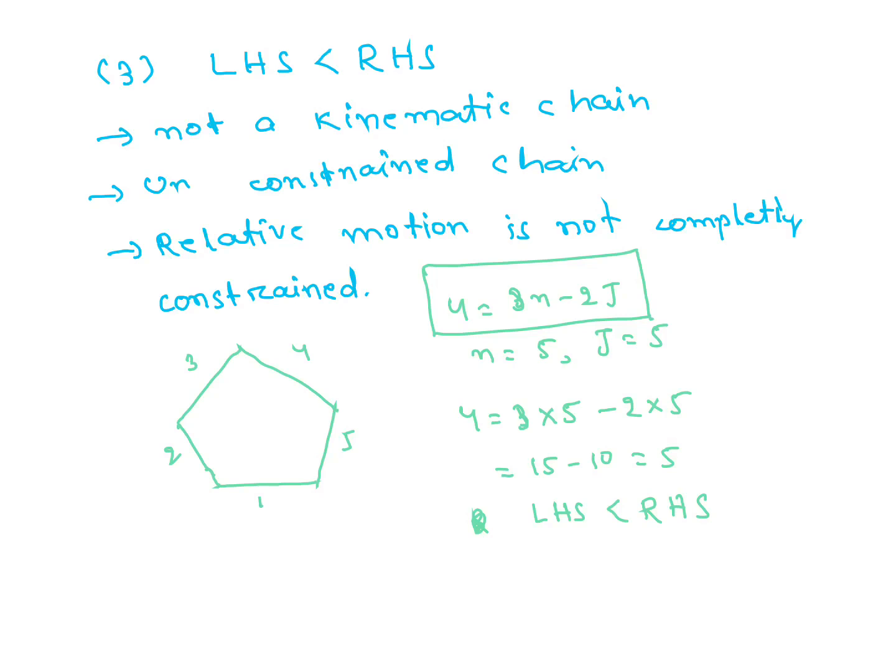For example, if we take 5 links, then we check this condition, n equal to 5 and j equal to 5 here. So we get LHS less than RHS. So this is an example of an unconstrained chain, where relative motion is not completely constrained.